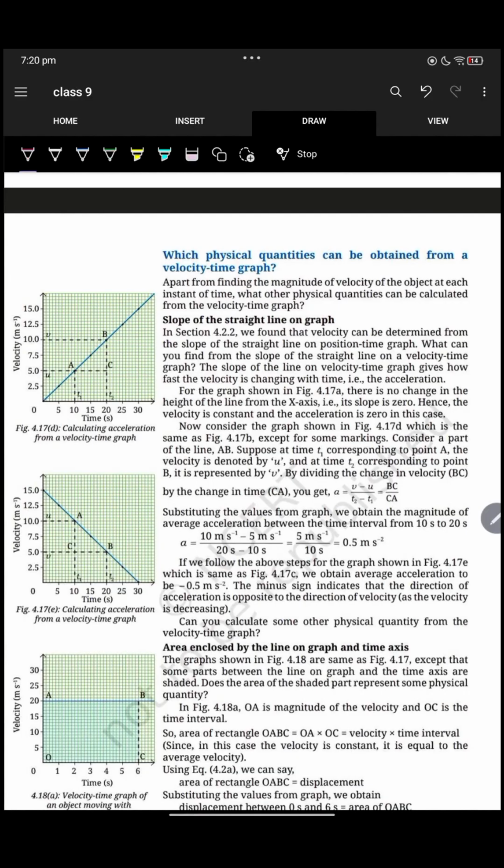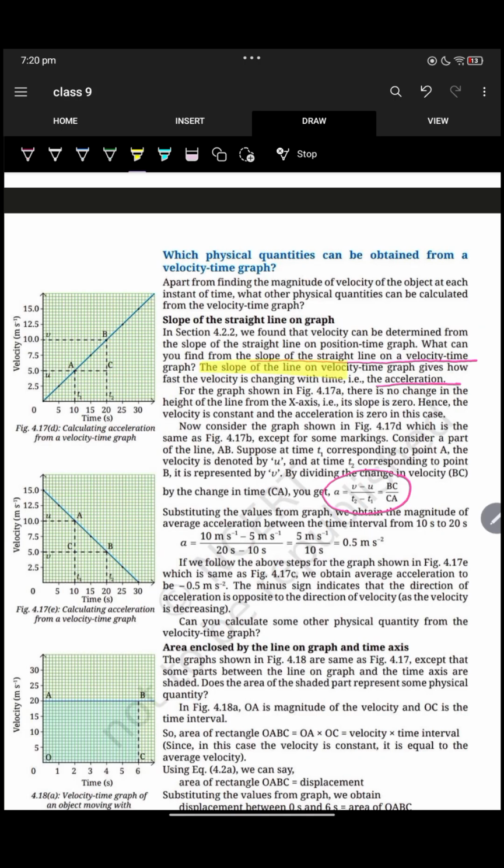You can find the acceleration. Acceleration is the change in the velocity with respect to time. You can find the slope of the straight line in the velocity time graph in order to obtain the acceleration. So what do we see?